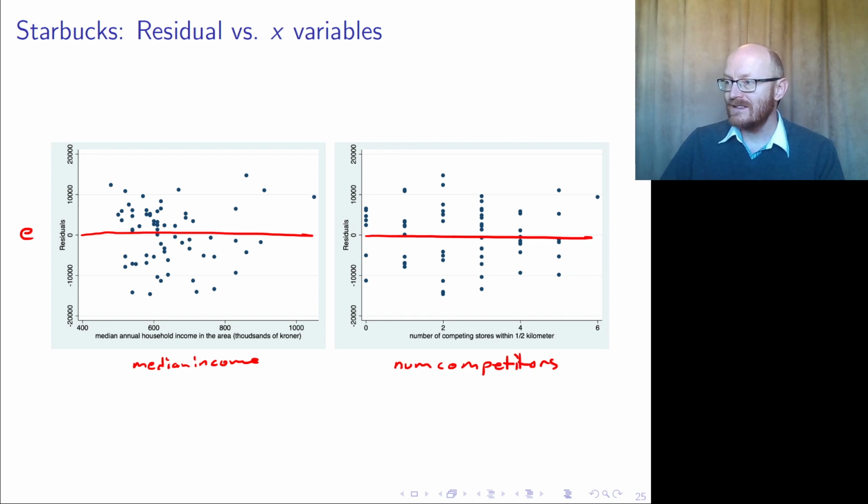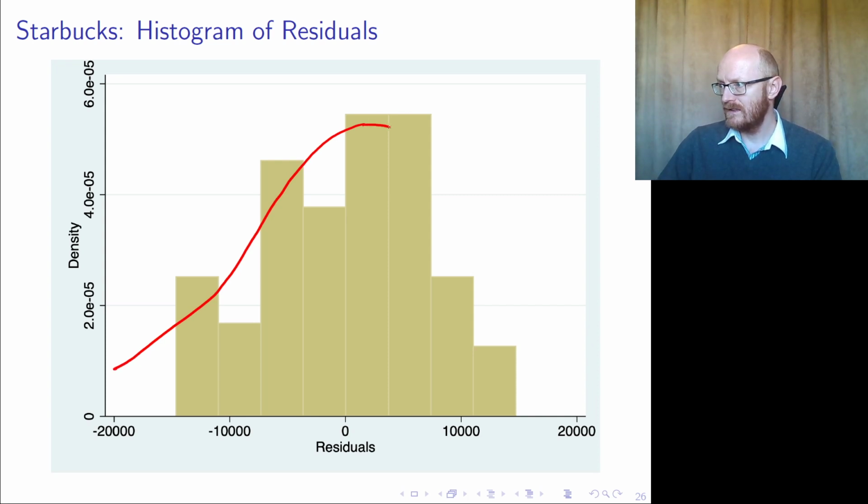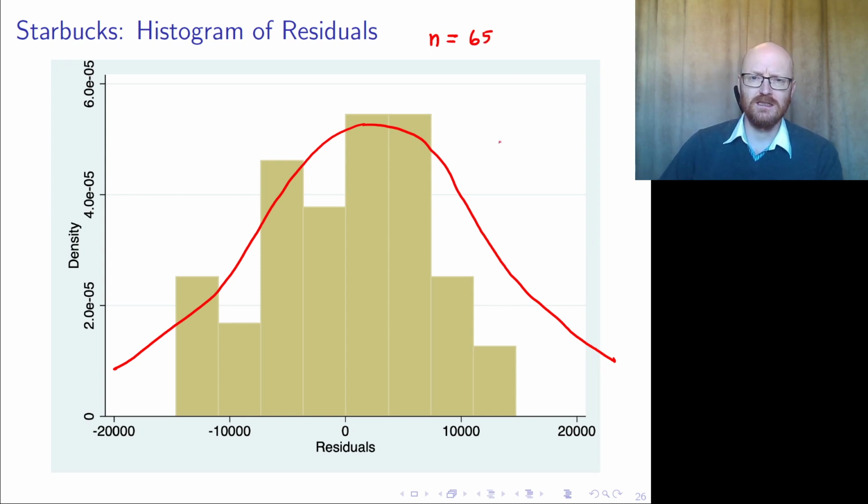And lastly, you just look at the histogram of the residuals and look for normality. So the histogram should kind of fit the symmetrical normal distribution. And remember that we have n equals 65, which is not a lot.